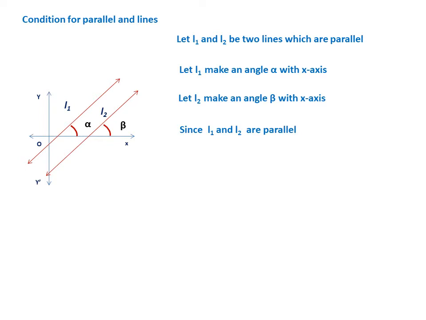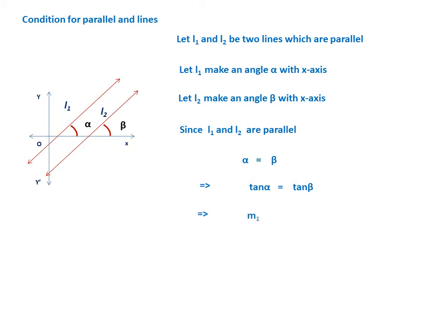Since L1 is parallel to L2, what is the condition? Alpha and beta must be equal. This we have studied in geometry. When two lines are parallel and there is a transversal, actually the x-axis becomes the transversal, no? And the corresponding angles are equal. Therefore, alpha and beta are equal. Therefore, this implies tan alpha must be equal to tan beta.